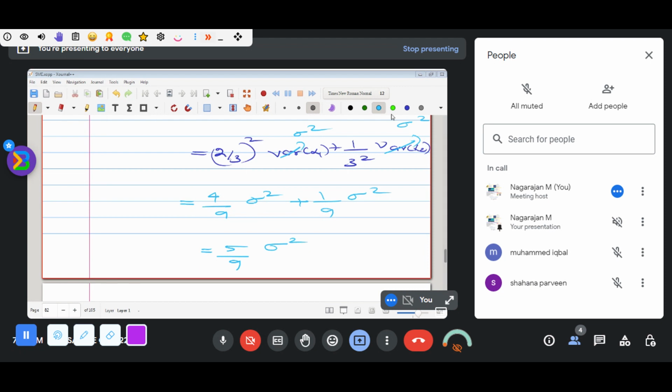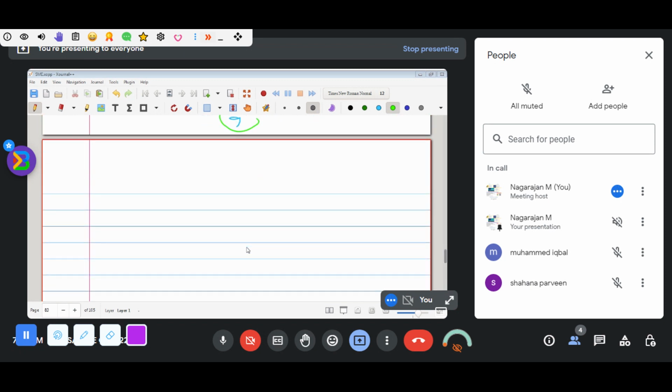The denominators are the same, so the total is 5 by 9 sigma squared. Now 5 by 9 is also less than 1, therefore T3 is also a best estimator.